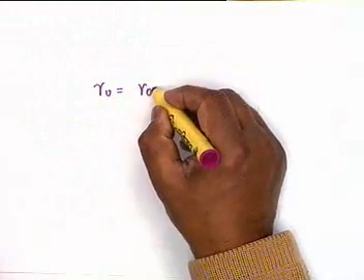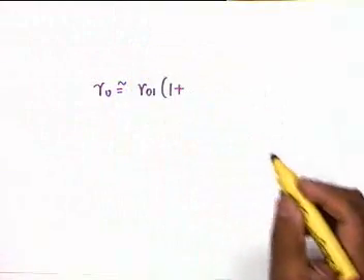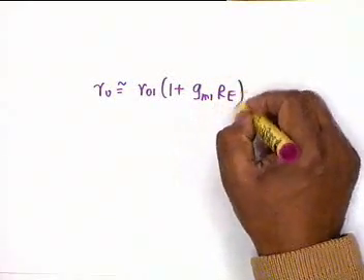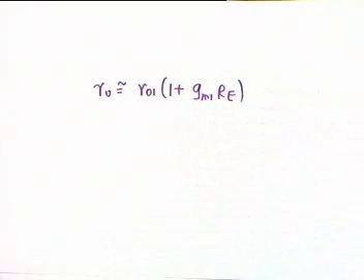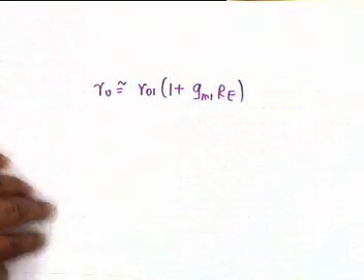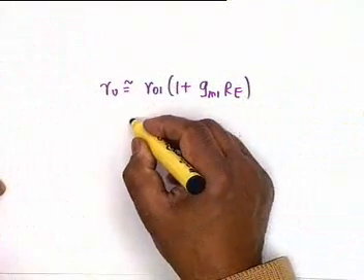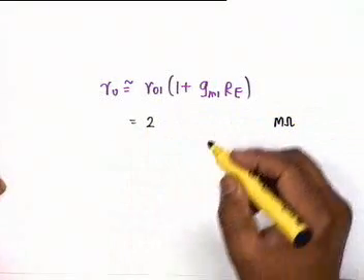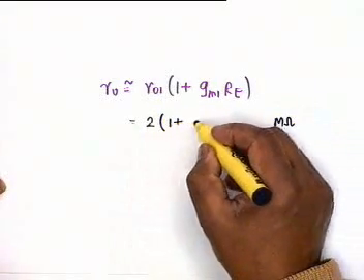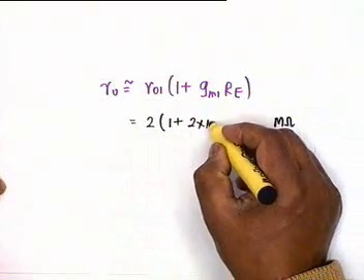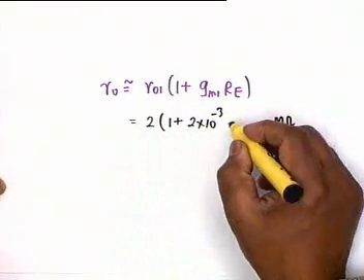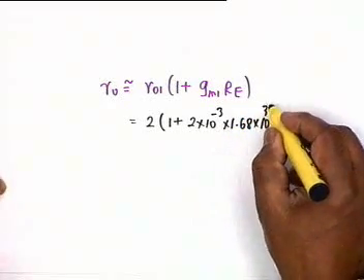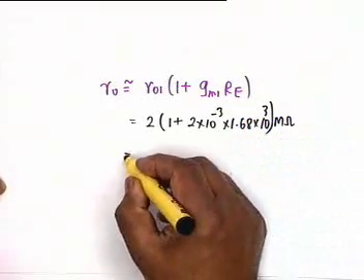R0 becomes equal to R01 times 1 plus approximately GM1 RE. Let's take the values that we have got now. If we calculate the values, this is 2 meg, R01 we already calculated. 1 plus GM1, which is 2 times 10 to the minus 3, multiplied by RE, which is 1.68 times 10 to the 3.